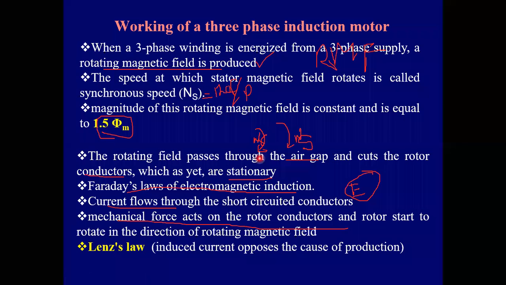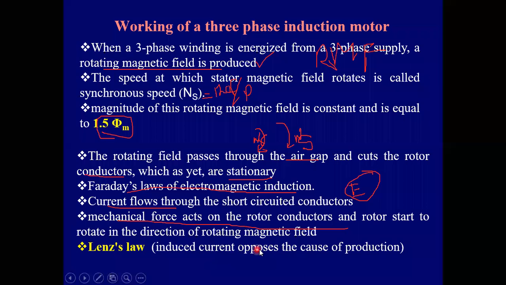Why the same direction? That is what Lenz's law says. Why is the motor rotating? Because of current. From where has this current come? Because of the cutting action, that is, the field is cutting the stationary rotor conductors. So what is Lenz's law?